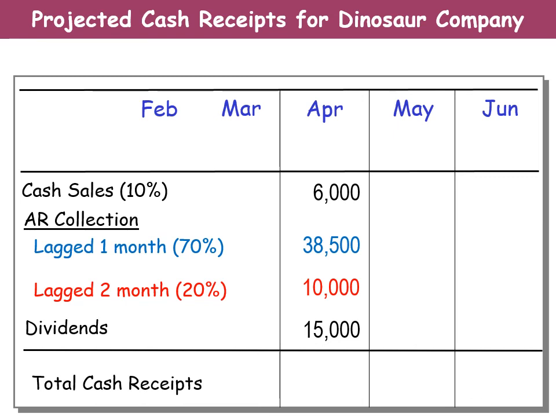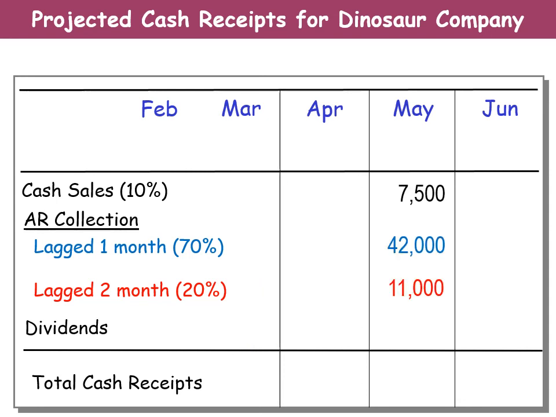Let us find the total cash receipts. Add up all the figures in April. It gives you 69,500. This is the total cash receipts in April. Add up all the figures in May and you have 60.5K.